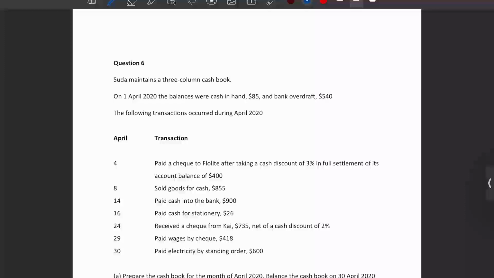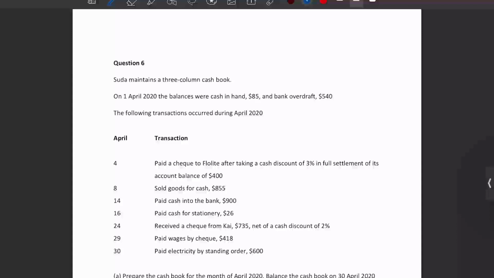Read it. S maintains a 3-column cash book. On 1st April 2020, the balances were cash in hand 85. Cash is an asset. Brought down will come on debit side. Is it a bank or a bank overdraft? Overdraft. Overdraft means liability. Liability brought down will come on credit side.